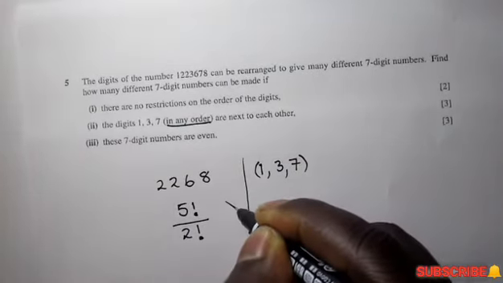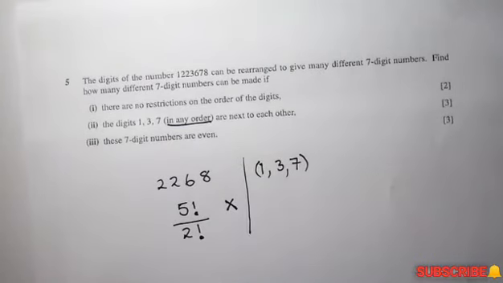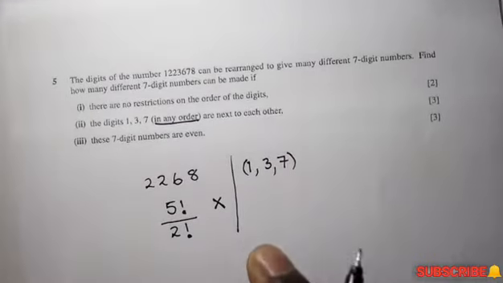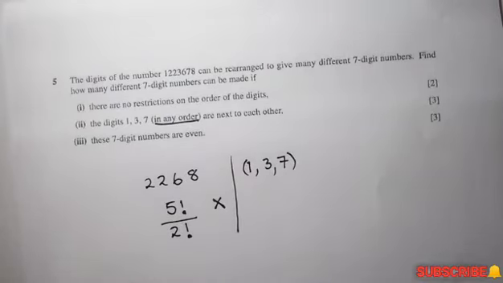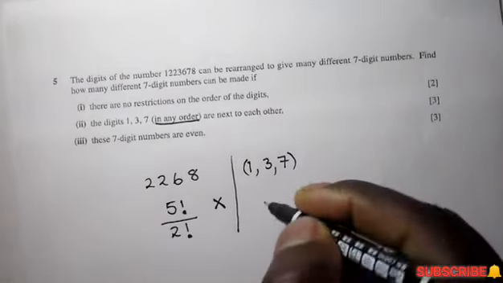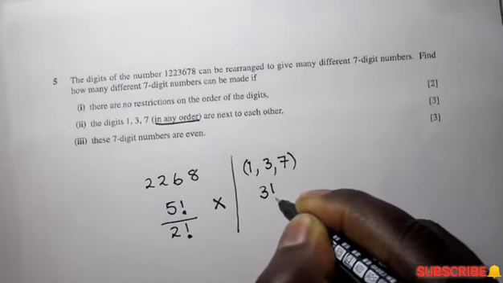Then you have to multiply the left side results by taking 137 as an independent list, which is distinct from 2268. So we are now taking 137 as an independent list and finding the number of arrangements of 1, 3 and 7. Right. So 1, 3 and 7 are 3 digits. So the total number of arrangements is 3 factorial.